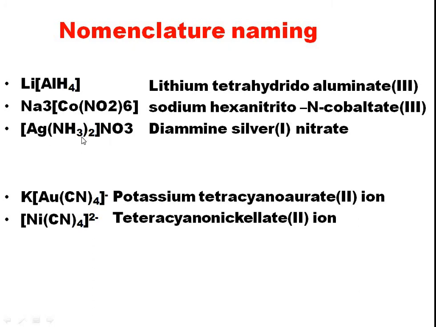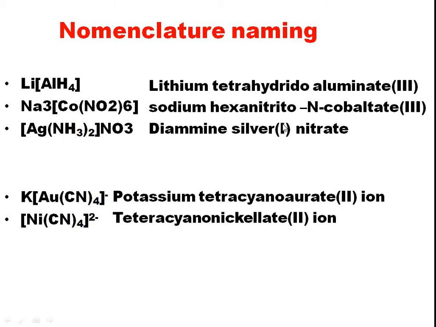We will name the cationic part first. It contains two types of species. Ligands are named first: diammine, silver. We have not changed the name of the central metal atom because it is a cationic complex. The name of the central metal atom is changed when there is an anionic complex.